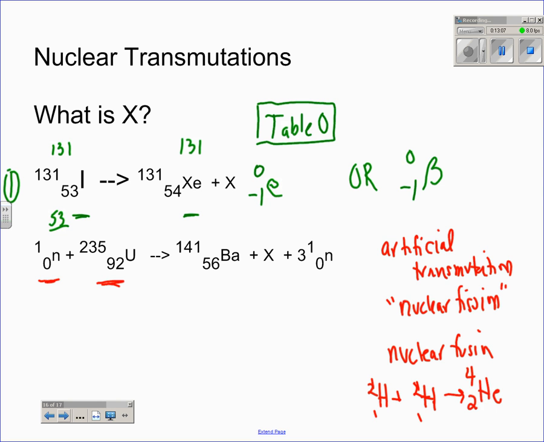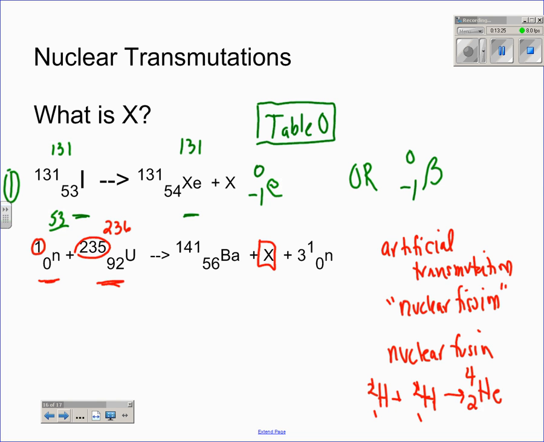So this nuclear fission equation is asking us to find x, and we do it the same way that we did it up above. So we look at the masses first. We have a mass of 1 in the neutron and 235 in uranium. So 235 plus 1 gives us 236.